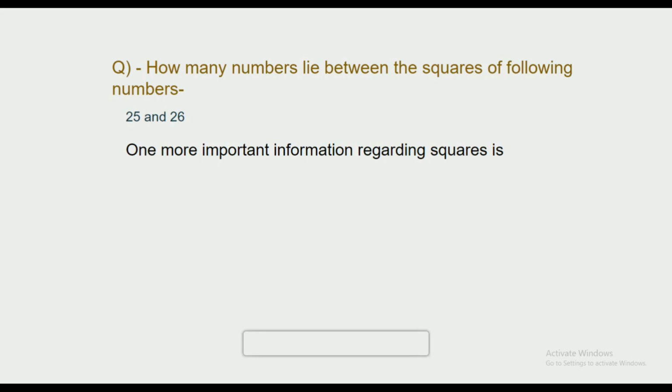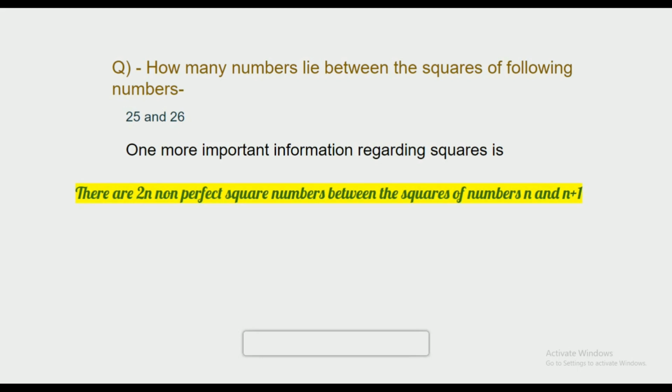Now we have one important piece of information regarding squares, that is, there are 2n non-perfect square numbers between the squares of numbers n and n plus 1. Here n is the number.